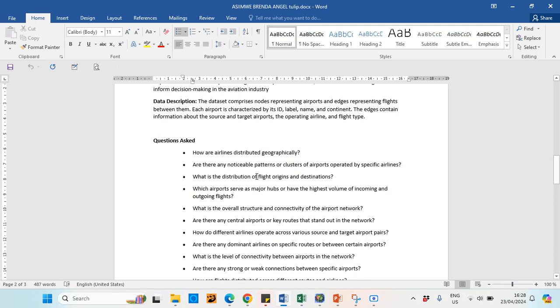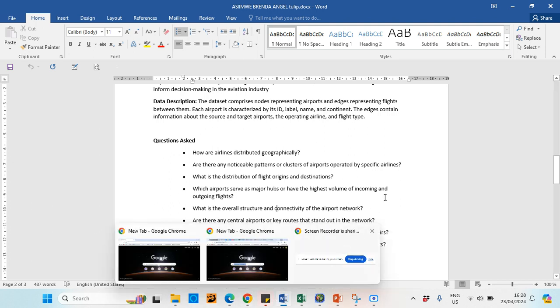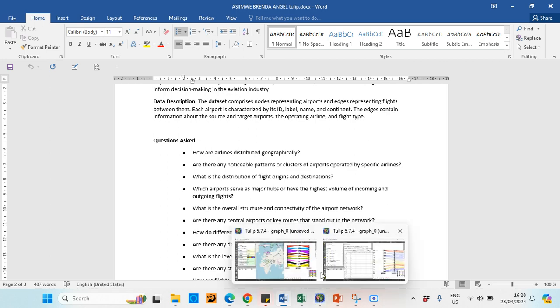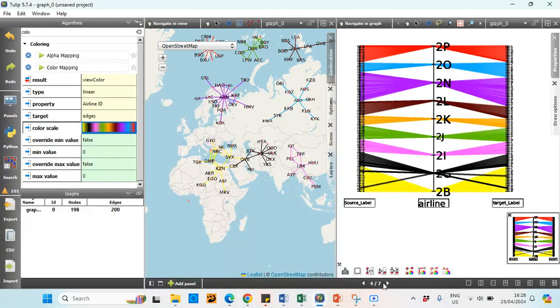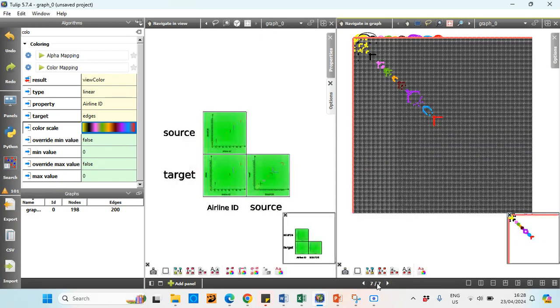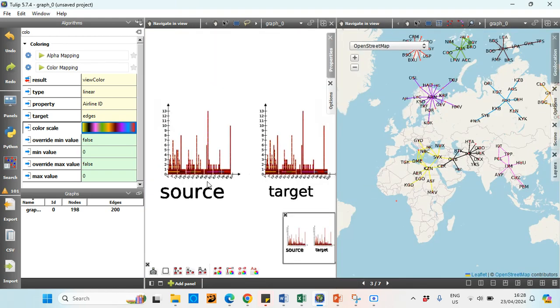Then they asked which airports serve as major or have the highest incoming and outgoing flights. So now we shall have to look at the histogram, because when you look at the histogram, we had the values of the sources and targets.